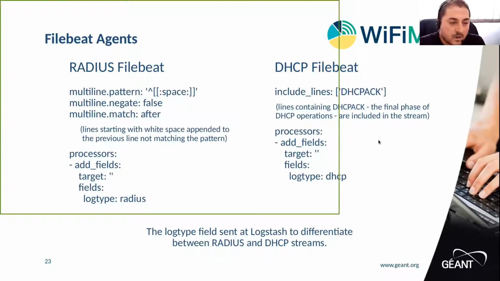This holds all the information we need about the correlation with user measurement data. The bottom part is a field named log type, which we add, and this field holds the RADIUS or the DHCP value, and this makes it possible to separate the streams when they reach the Logstash service.